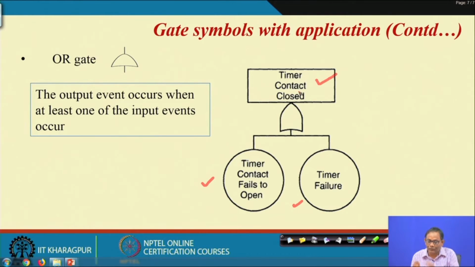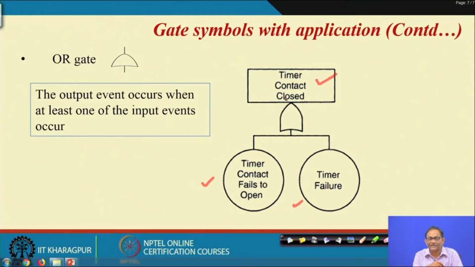So, an overpressure condition occurs when the timer's contact is closed more than the set time. The setting will be done by the timer. Now, if there is a timer failure, what will happen? This contact will be closed.